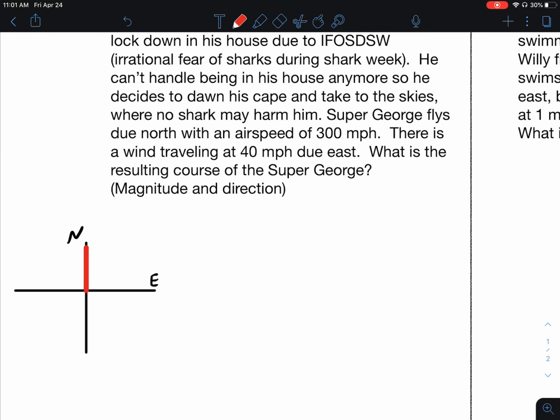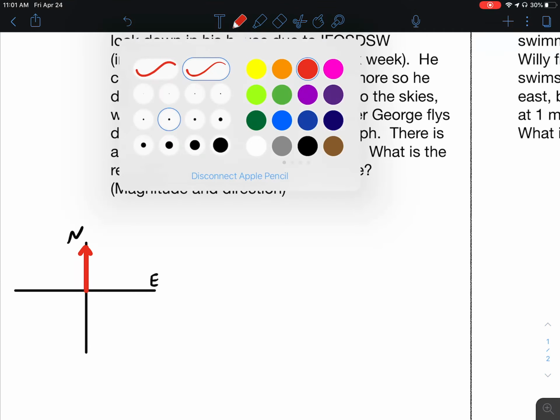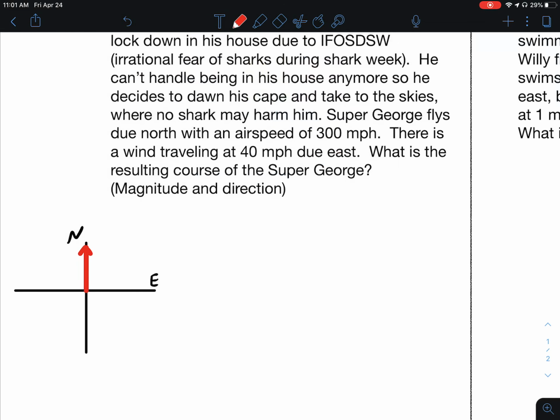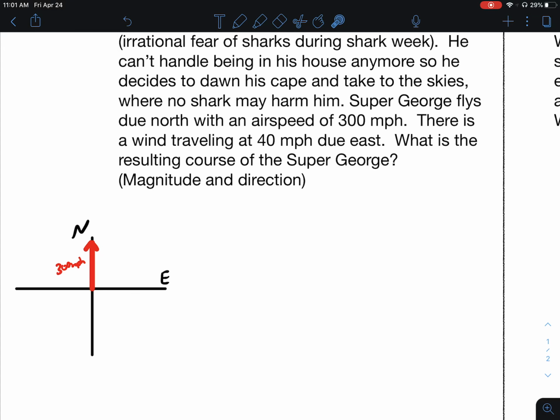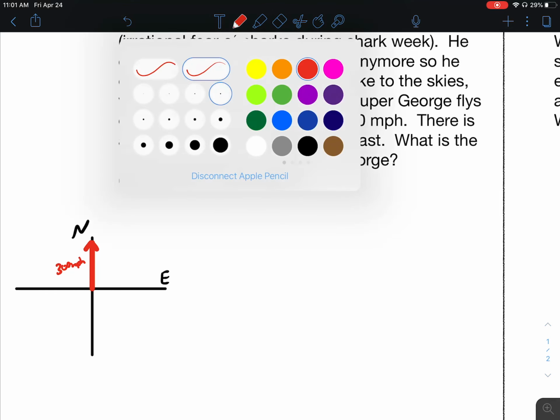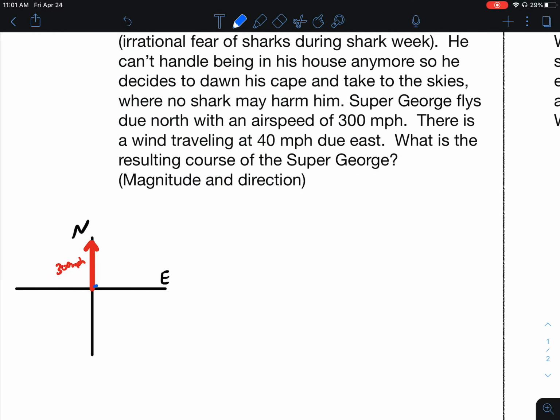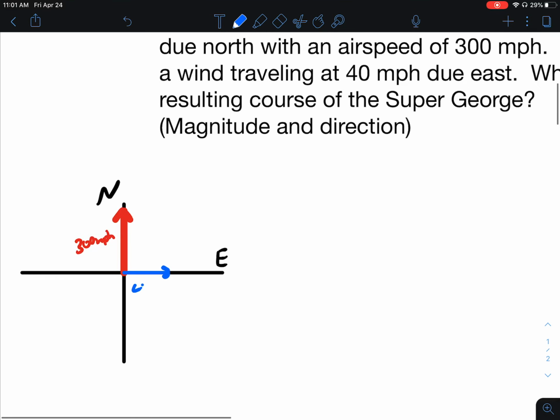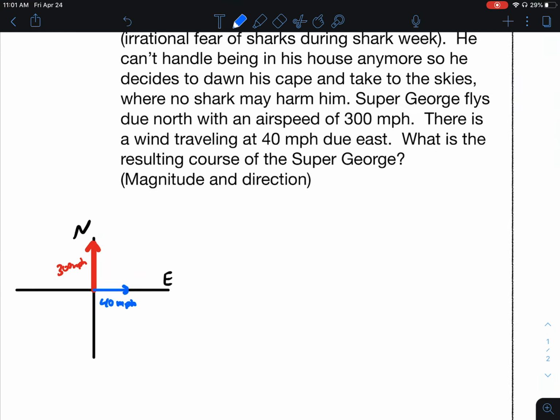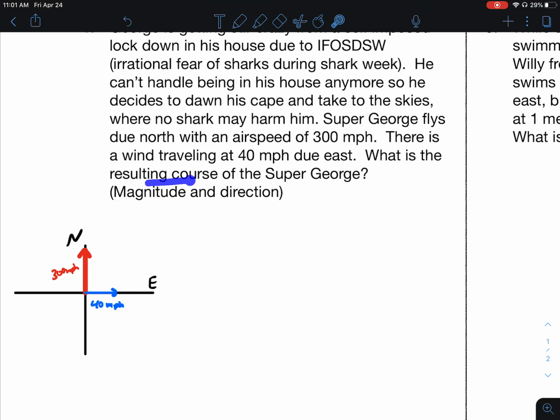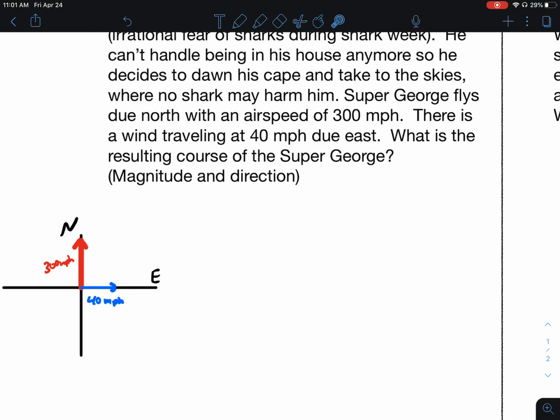So one of these vectors is in the direction of north, and it's 300 miles per hour. There's a wind traveling east at 40 miles per hour. So that's another vector that's going in this direction, 40 miles per hour. What is the resulting course of Super George? Magnitude and direction.